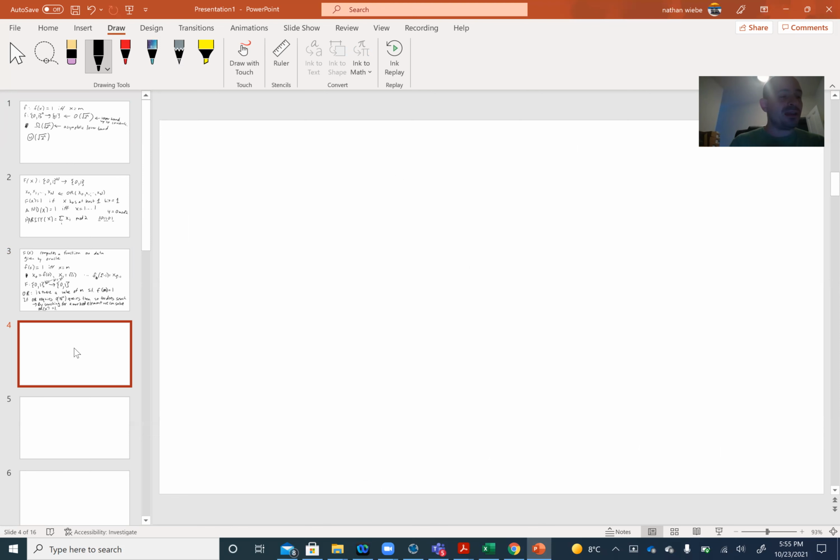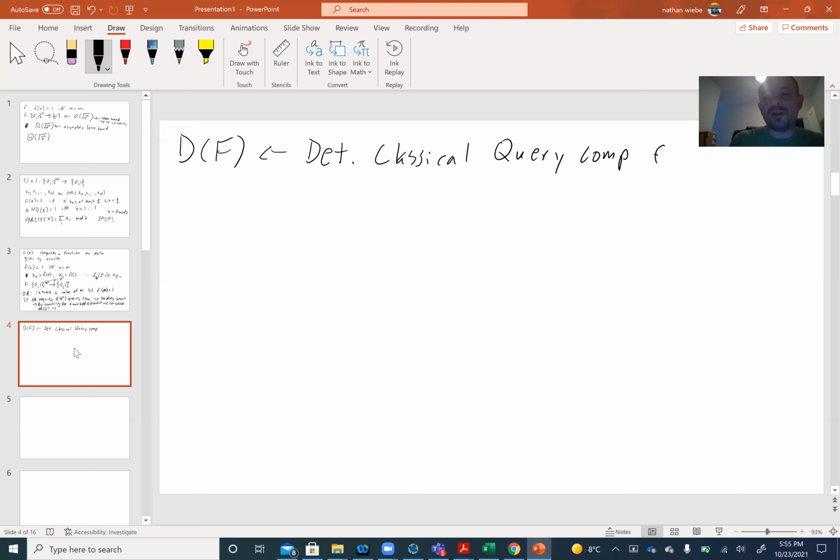Now, before we get into this, there are a couple of things we need to discuss, or different types of query complexity. The first symbol I'm going to refer to is D(F). This is the deterministic classical query complexity for computing F. Then we have Q_E(F).